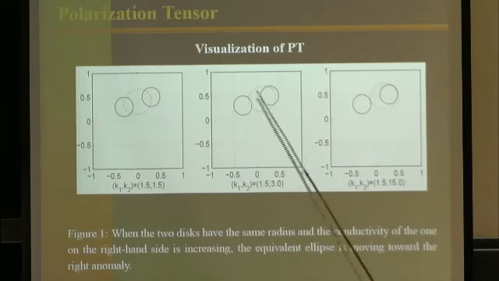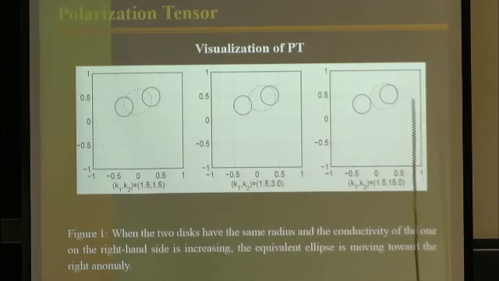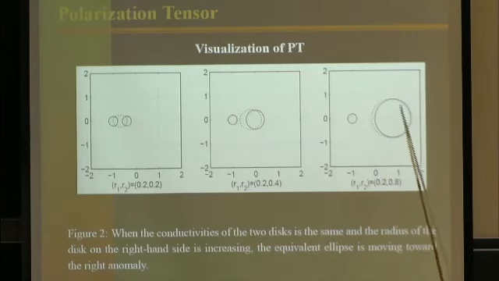Now, if this one is more conducting than this one, the equivalent inclusion moves toward the one with the highest conductivity. And if it's much larger than the one next to it, the equivalent one is almost the one for the largest.